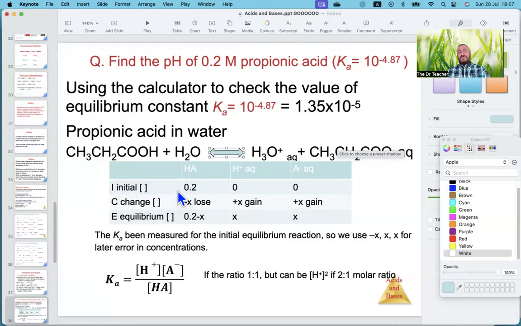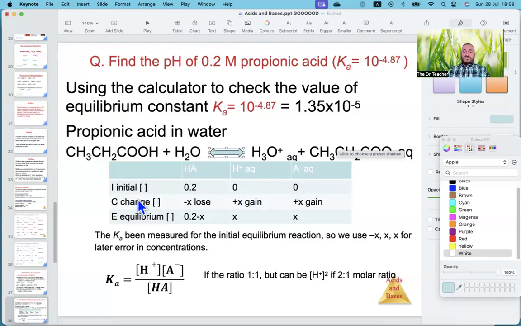Okay, so initially, before we dissociate propionic acid in water, the only concentration we had is 0.2 for the propionic acid, and the concentration of the others was 0. So it wasn't dissociated yet.